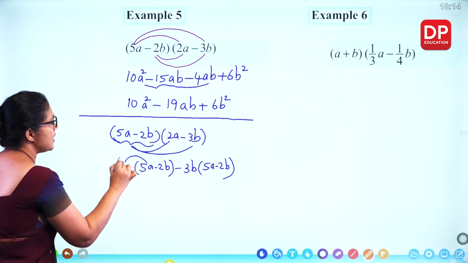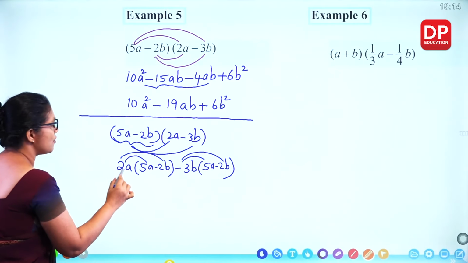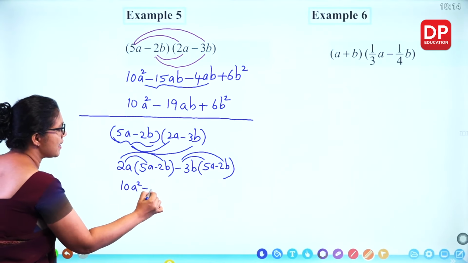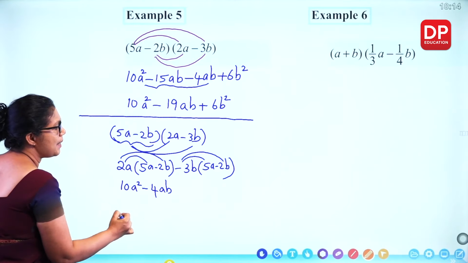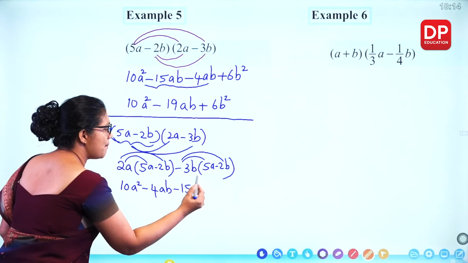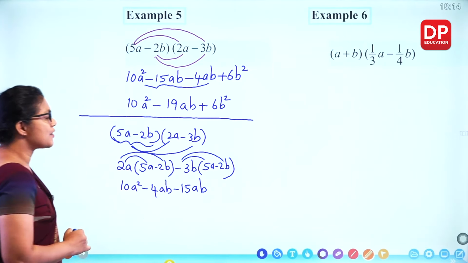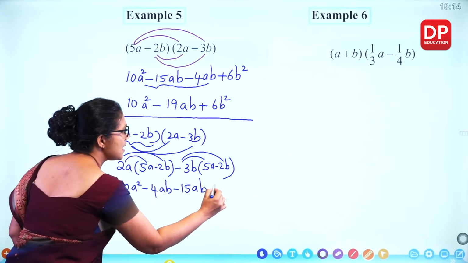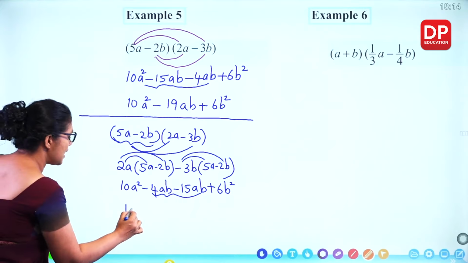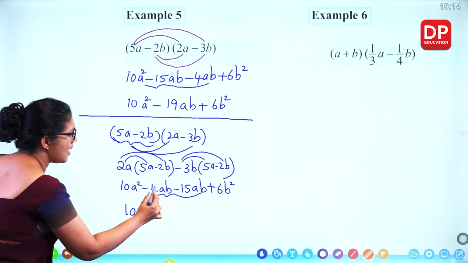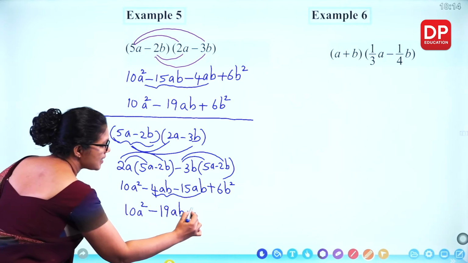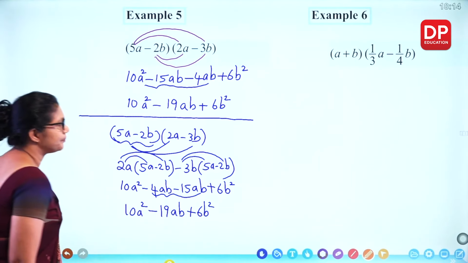Now you can expand it. 2a times 5a, 10a squared. 2a times minus 2b becomes minus 4ab. Minus 3b times 5a becomes minus 15ba or ab. Minus 3b times minus 2b becomes 6b squared. You can simplify these two. 10a squared is already there. Minus 4 and minus 15 becomes minus 19ab plus 6b squared.